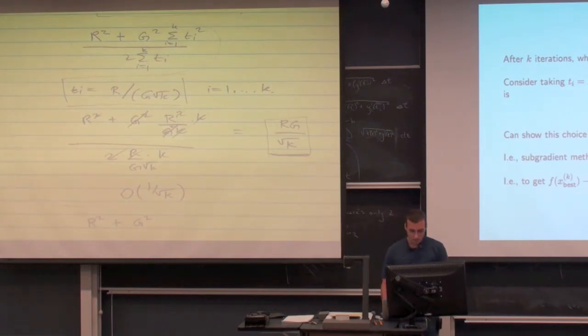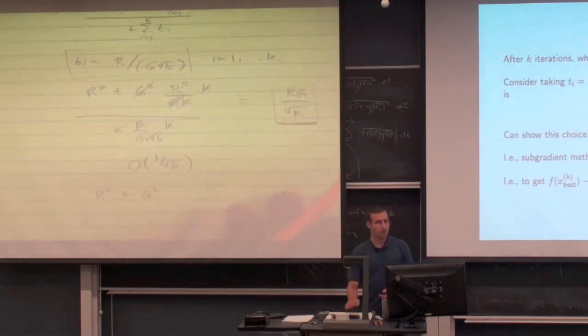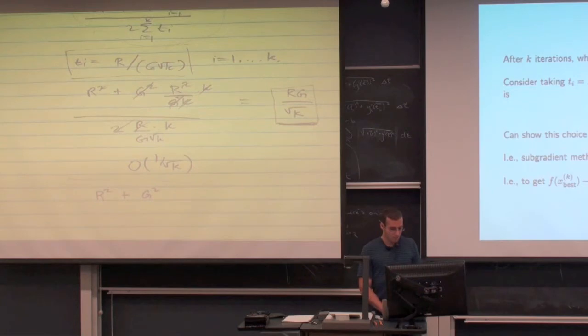Okay, so let's just do a quick back of the envelope calculation. We just said, in other words, that if we want an error on the order of epsilon, we need 1 over epsilon squared iterations. So let's say epsilon was like 10 to the minus 3. Then how many iterations do we need with gradient descent?